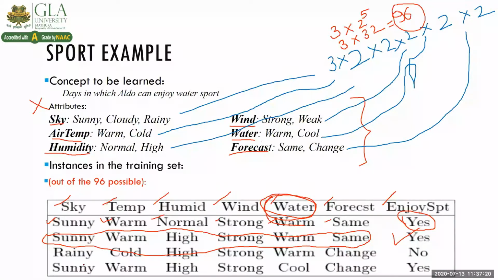On the basis of that we have some training examples, and with the help of these training examples we find the hypothesis and satisfy it on the basis of the binary value. Like in this case, the day on which Aldo can enjoy water sports. So enjoy is either yes or no. That value depends on the attributes.